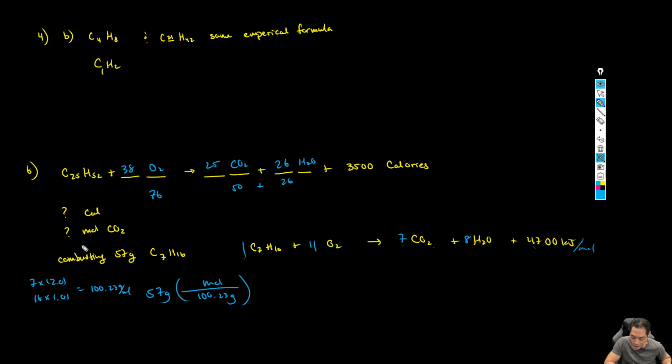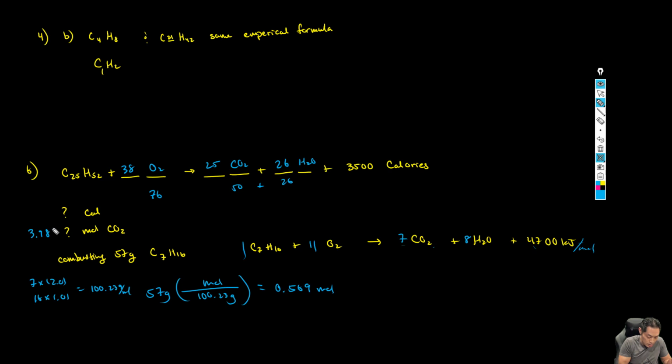And let's see what I want. I want both calories and moles of CO2. So I'm going to do this one first. So 57 divided by 100.23, and I get 0.569. Now I'm going to keep it in my calculator just to do it correctly. So moles of CO2, so this is right here. The ratio is 1 to 7, so we multiply by 7, and I get 3.98.